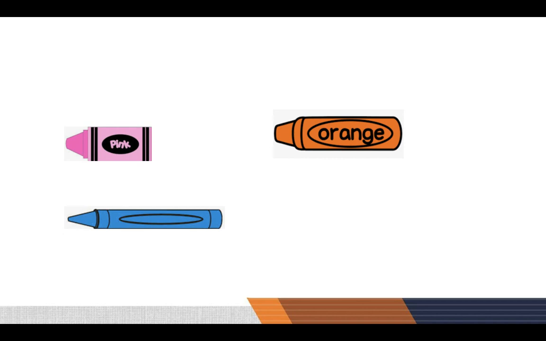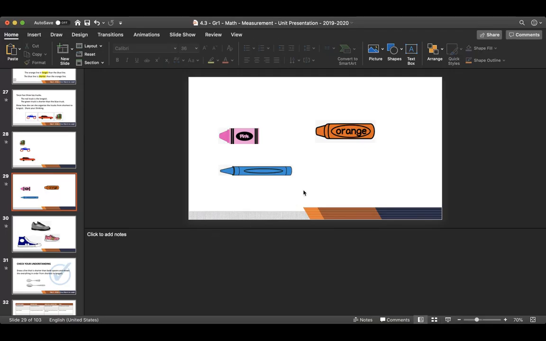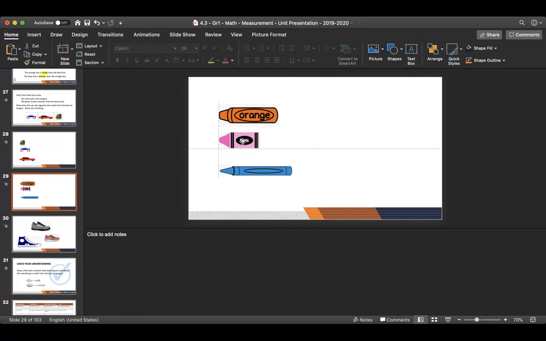We're going to do this again with these crayons. So if you want to pause the video and put your guesses down, you can do that, but we're definitely going to check. So let's check by again lining them up vertically. And if you need to, you can move them closer together to make it clearer.